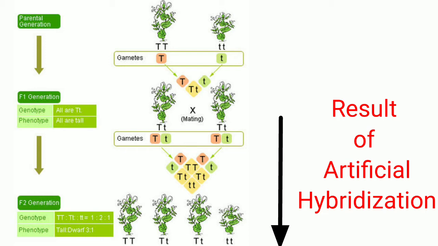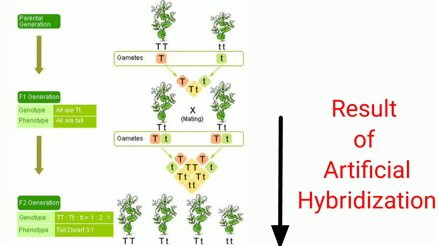The result of the emasculation was in the form of seeds, as we know that in sexually reproducing plants the outcome is produced in seeds. These seeds were sown, and they were all hybrid seeds, which formed hybrid plants because the cross was done between 2 different parents, one with tall stem height and another with dwarf stem height.